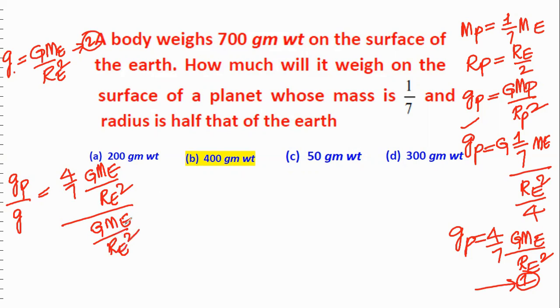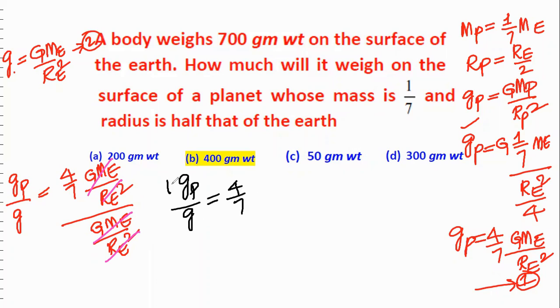Both the numerator and denominator GMe by Re square will get cancelled. Then Gp divided by G is equal to 4 divided by 7.